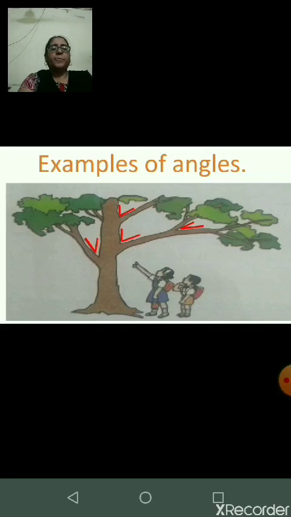Yes, you see a tree and two children standing near the tree. Can you see those red lines? What are the red lines showing? Angles. Yes. So here you can see angles are formed between the tree trunk and its branches. Understood, children?